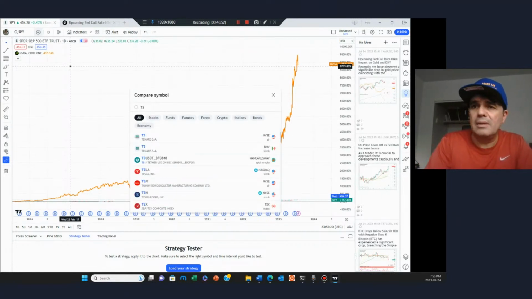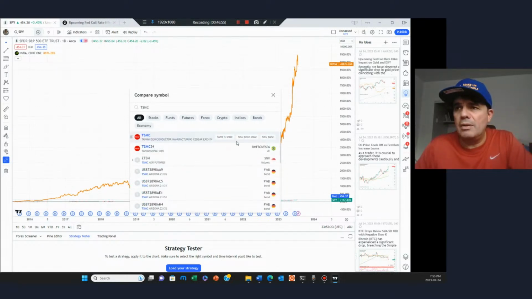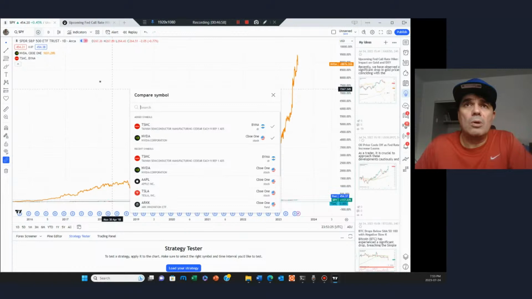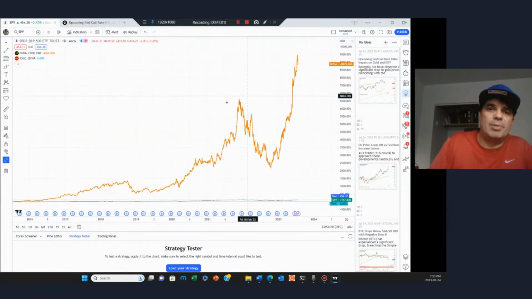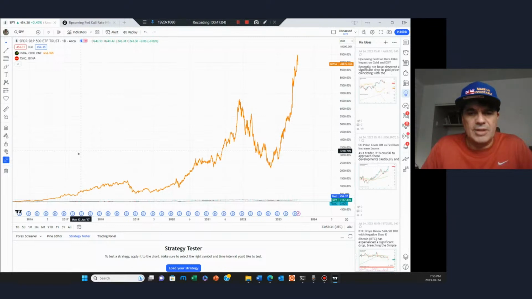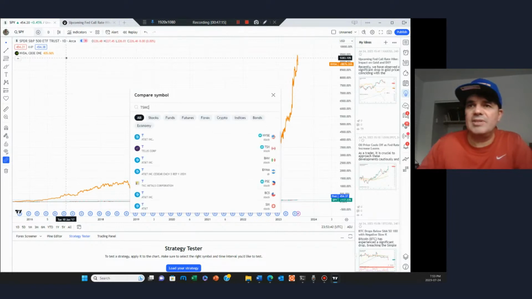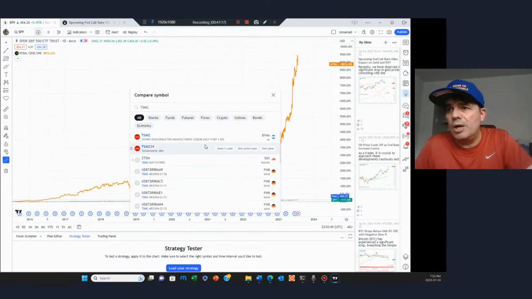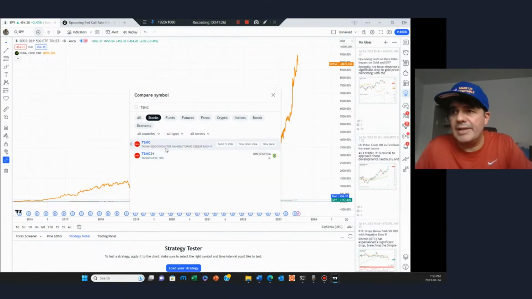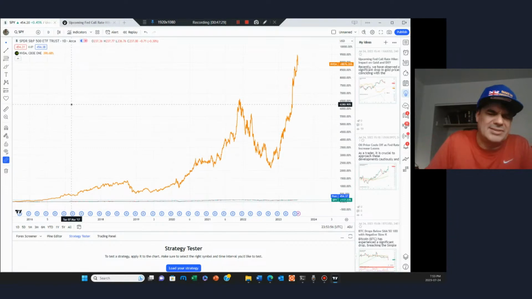Okay, it's not working for whatever reason, but you can just do a comparison on your own. So that will probably continue to do well. I think TSMC is doing very well as well. I don't know why it's not getting listed there, but I do know I can see it on my own platform. So that's one company to watch out for as well.